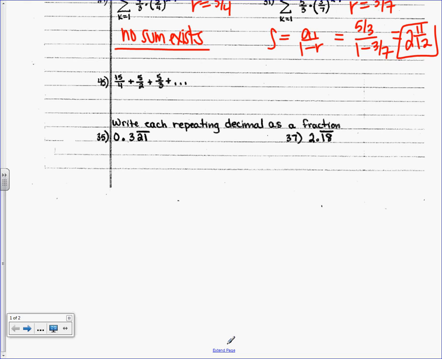What is r on this one? 2/3, very good. So does the sum exist? Yes, so S equals, what was A sub 1? 15/4 over 1 minus 2/3, which is 11 1/4, or 45 over 4.